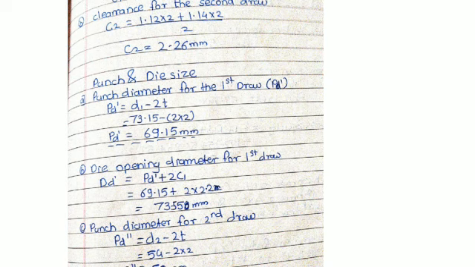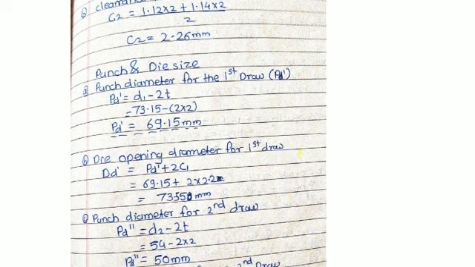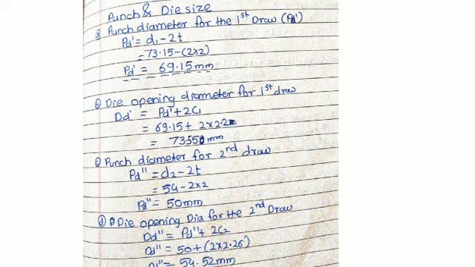Next, the punch diameter for the second draw, PD2, is given by D2 minus 2T, where D2 is the diameter of the cup at the end of the second draw. This D2 is equal to small d, which is 54, which we require. PD2 is 54 minus 2 into T, with T equal to 2. Therefore, PD2 is 50 millimeters.